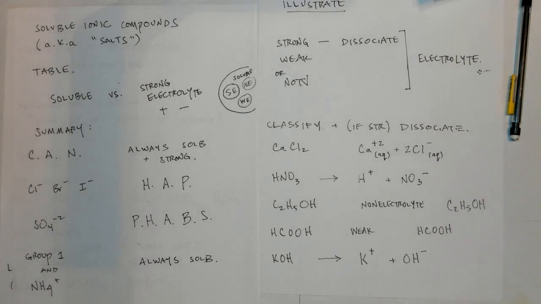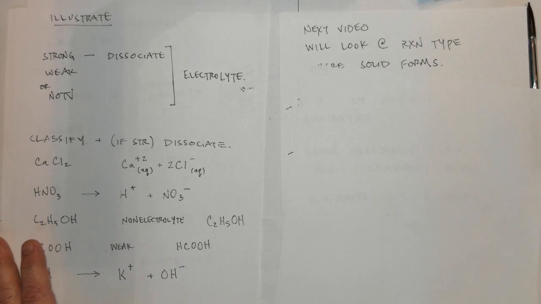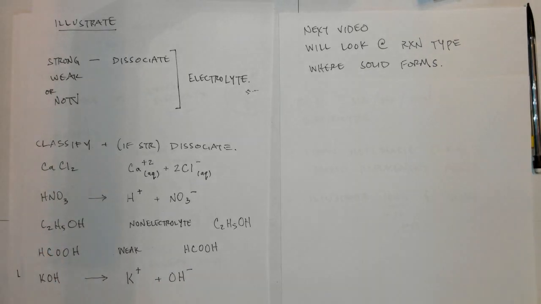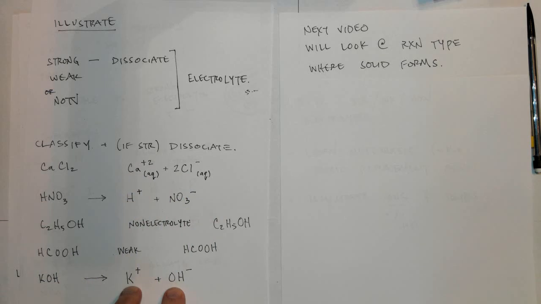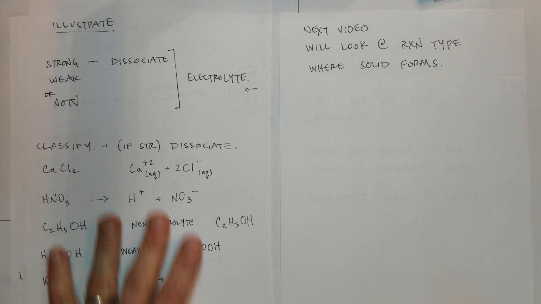So in the next video, we're going to take a look at different reaction types, and we'll specialize in one where solids form. Many times they form from different ions that are in solution, and so our ability to illustrate these will be very, very important.